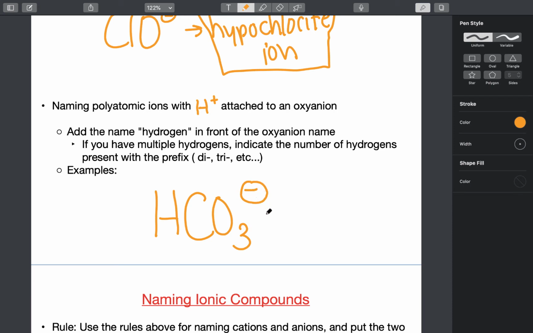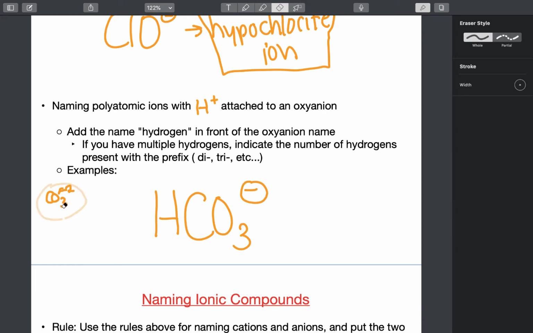This polyatomic ion here is called the carbonate ion. So CO3 is -2, so this is CO3 -2.